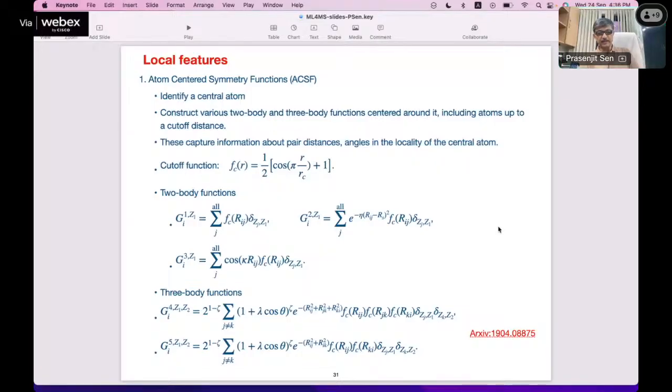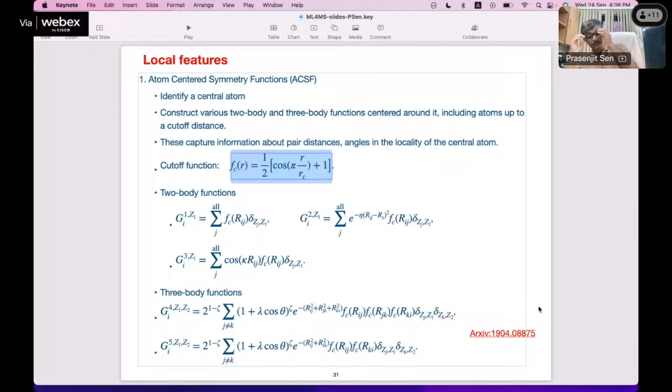There we discussed that within some cutoff radius governed by a cutoff function, one constructs two body and three body functions that capture information about distances between atoms, angles between three atoms, and of course including their chemical identities through these superscripts z, or z1 z2 here for the three body functions.